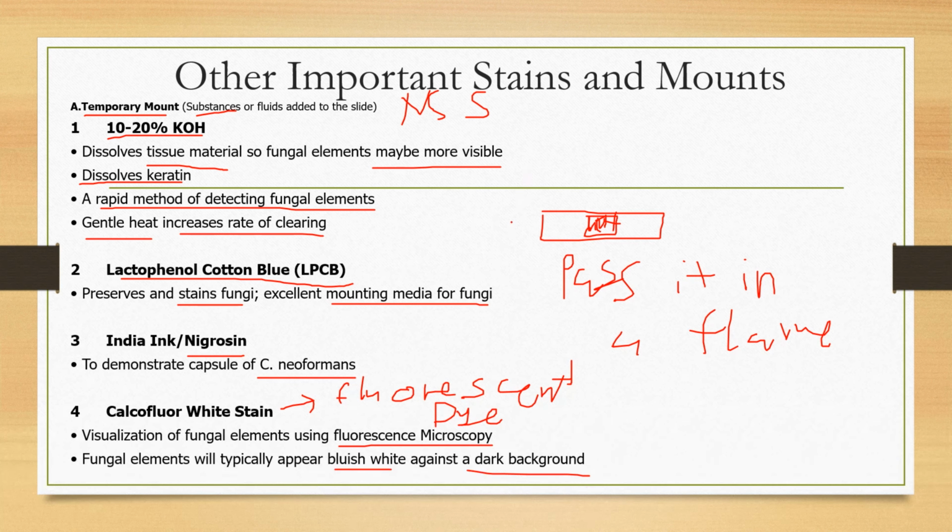Earlier I mentioned, di ba, in some fluorescent stain, they would appear green. But for calcofluor white stain class, the fungal element would fluoresce bluish white against a dark background.